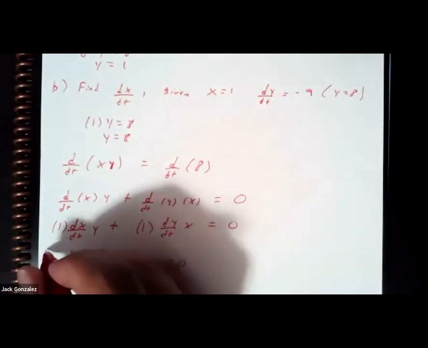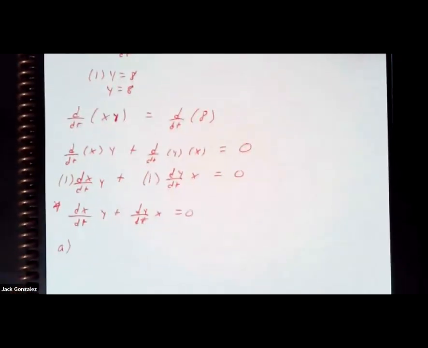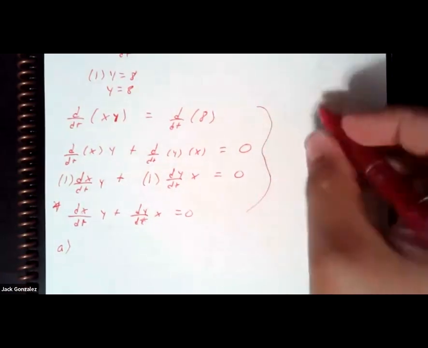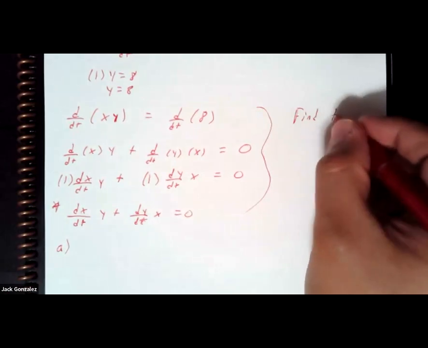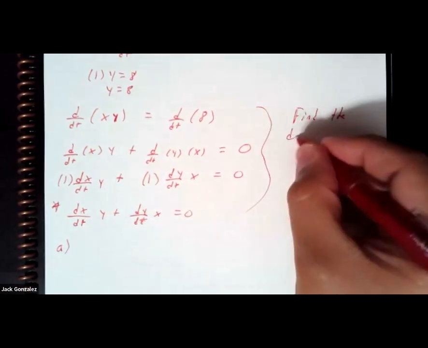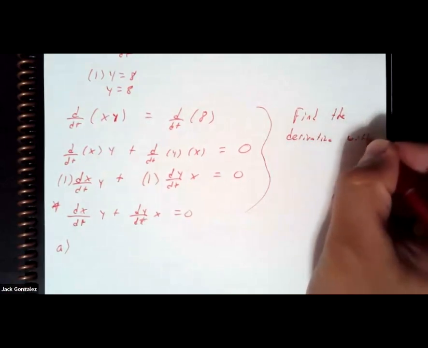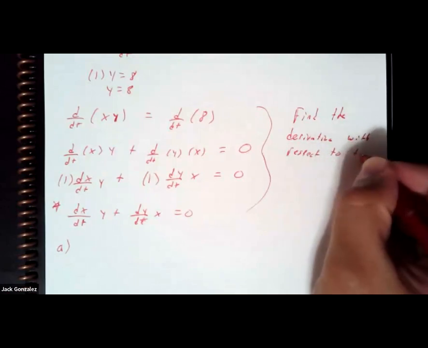Well, I guess I should do that on the next step. I'm sorry, getting ahead of myself. So this is the derivative step here. The first step, find the derivative with respect to time.